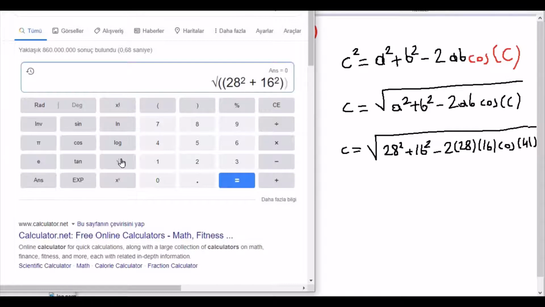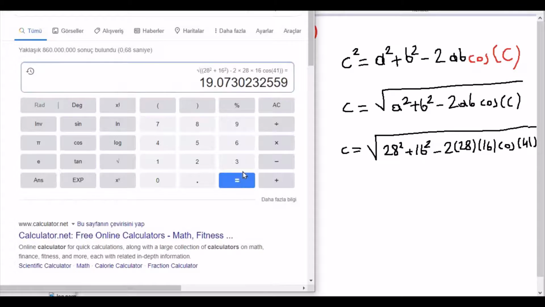This is our one group, minus 2 times 28 times 16 times cosine of 41. And be careful that your calculator is in degree mode. We highlighted degree mode here, and you need to close the parentheses. So it's going to follow the order of operations, or you can do it manually by hand, step by step, each value, and then follow the order of operations.